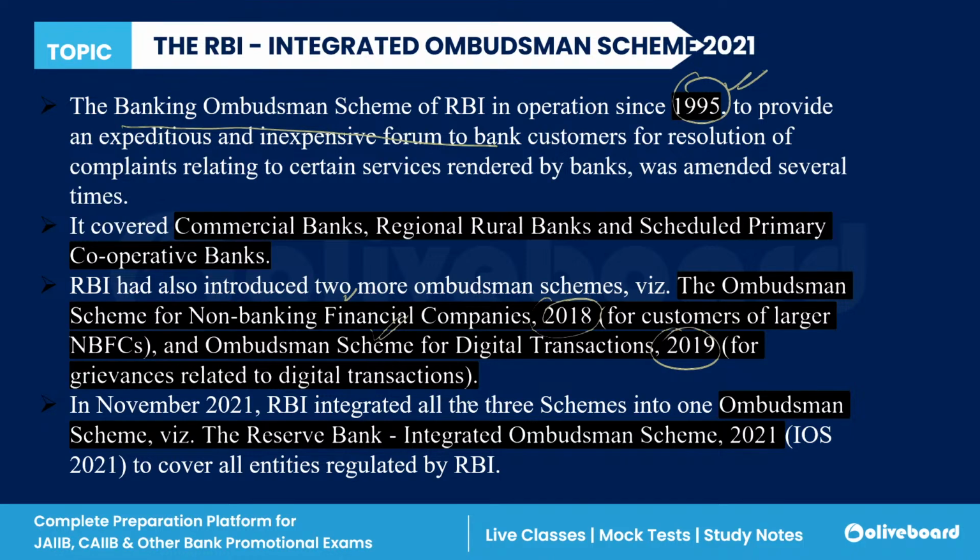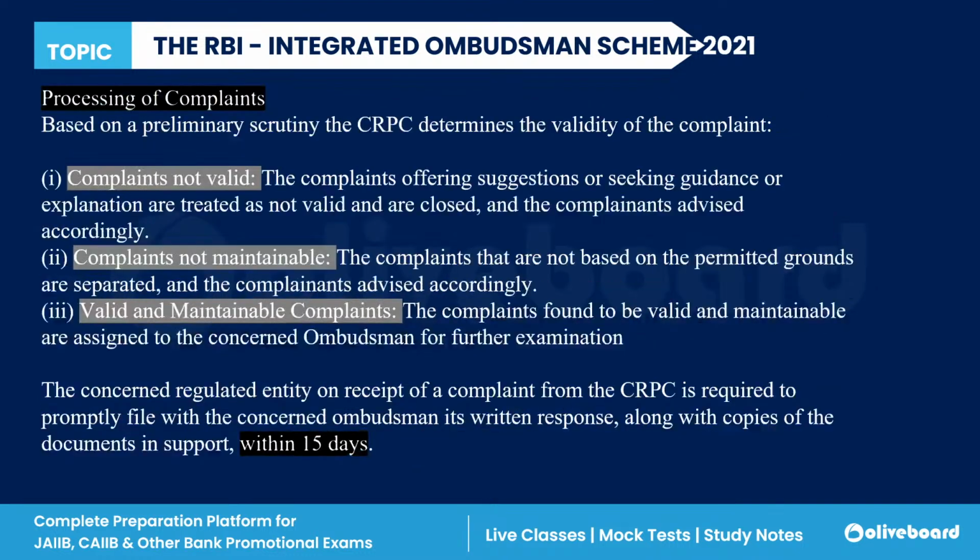Now these three schemes were integrated into one scheme, the Reserve Bank of India Integrated Ombudsman Scheme 2021, which was meant to cover all the entities regulated by the Reserve Bank of India.